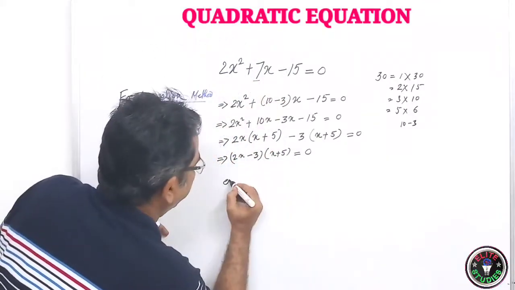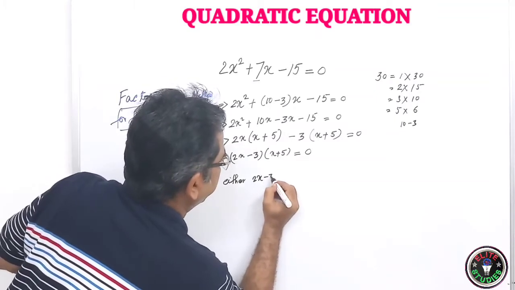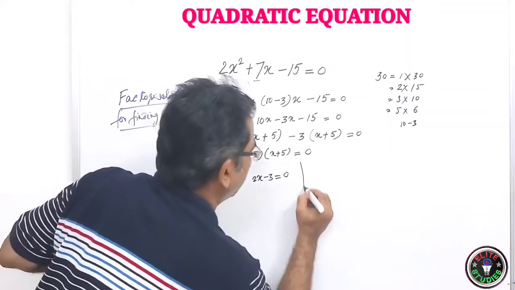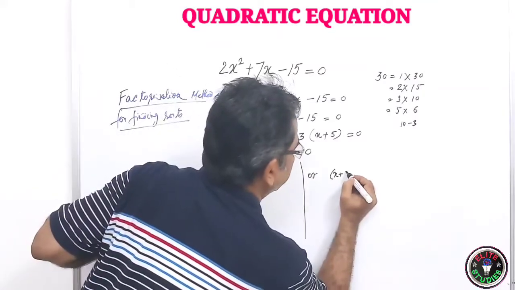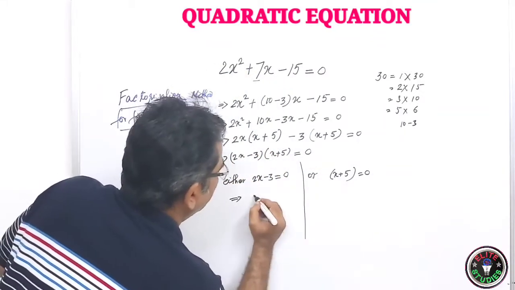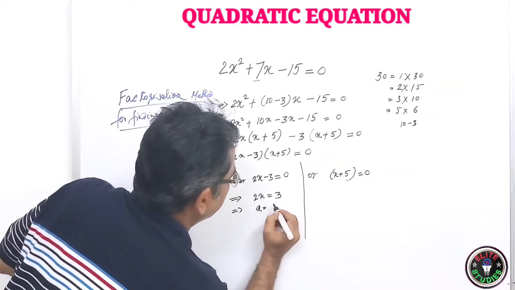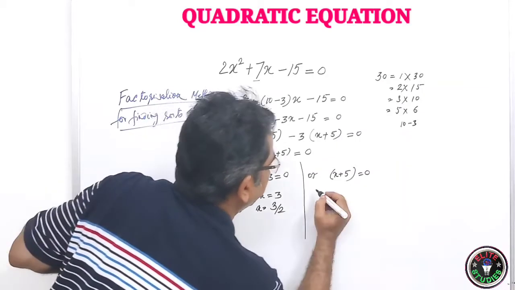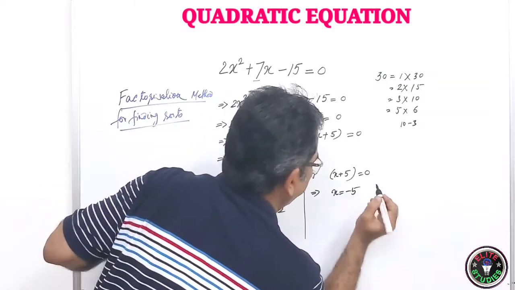So either 2x minus 3 is equal to 0 or x plus 5 is equal to 0. So this implies 2x is equal to 3, implies x is equal to 3 by 2. Here x is equal to minus 5.